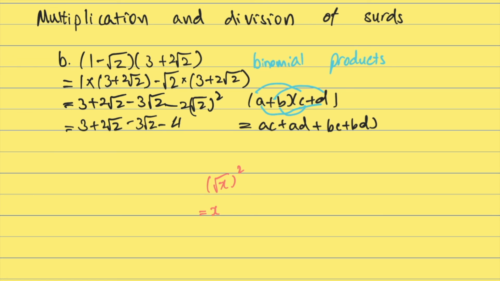And lastly, we can find the like surds, 2 square root 2 and negative 3 square root 2, and add them together, which gives us negative square root 2, plus 3 minus 4, which is negative 1. And then we get rid of the bracket, which equals negative square root 2 minus 1. And that is the final answer.